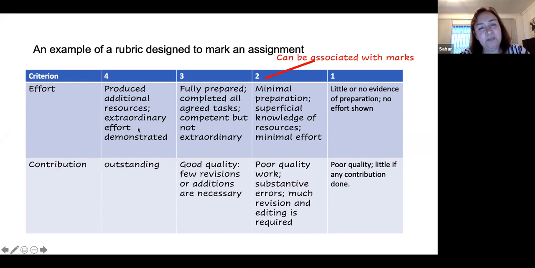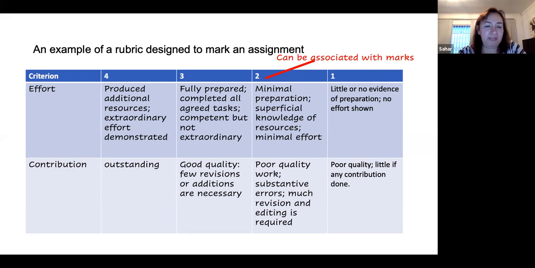For example, she's writing an introduction, and she listed 40 references as compared to 20 references listed by another student. Fully prepared, completed the agreed task. Then minimal preparation, superficial knowledge of the resources, little or no evidence of preparation, and no effort shown.